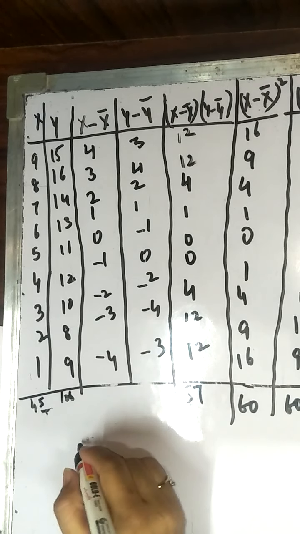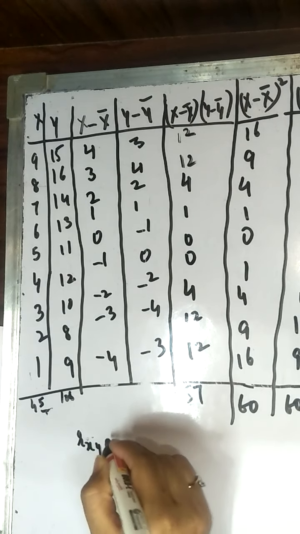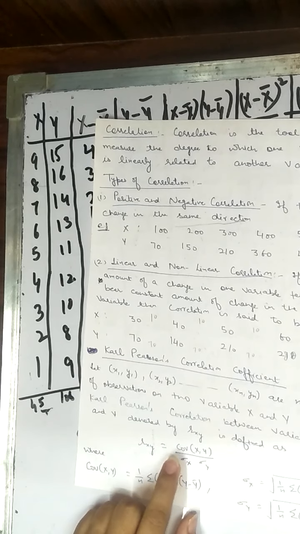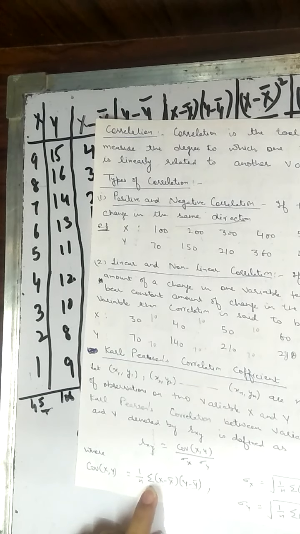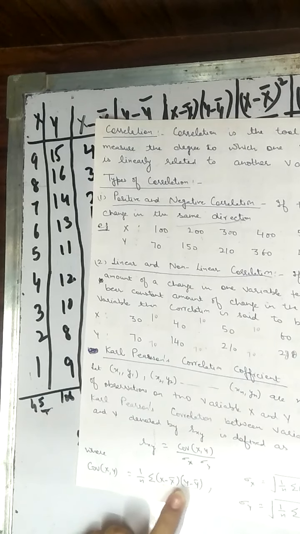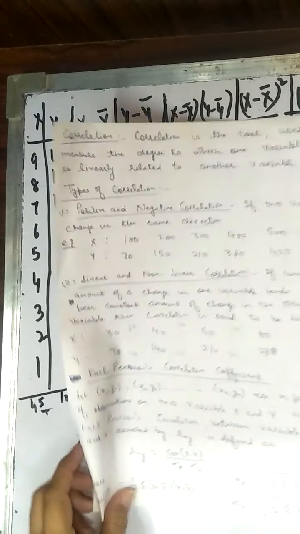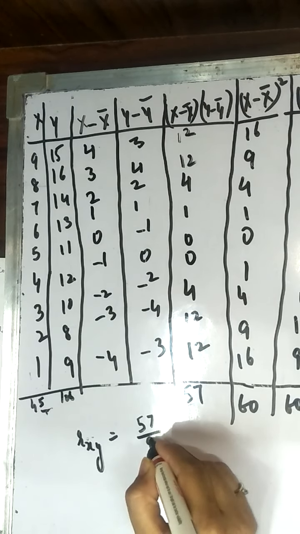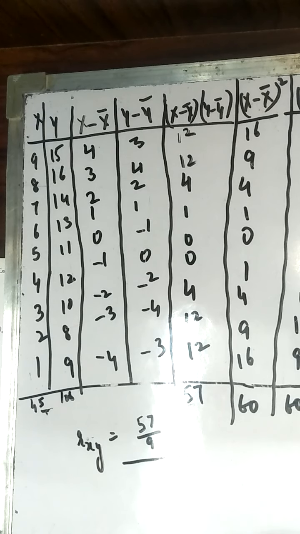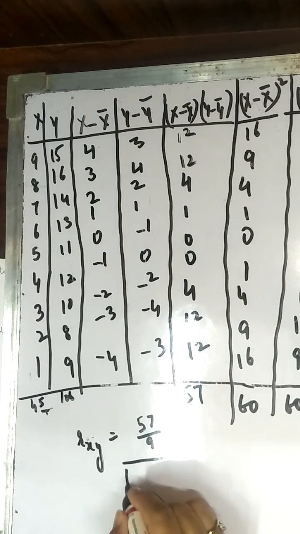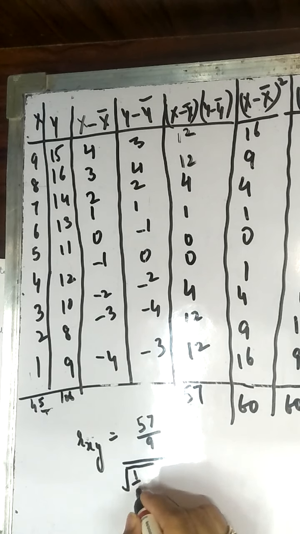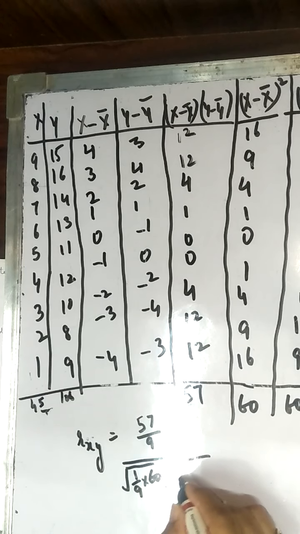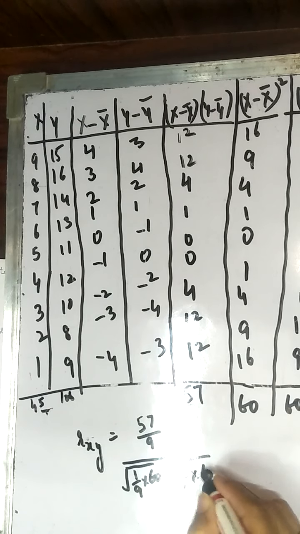Now we apply the formula r xy equals covariance. Covariance means summation of x minus x mean into y minus y mean divided by n. So it becomes 57 by 9 upon root of 1 by 9 into 60, and 1 by 9 into 60.